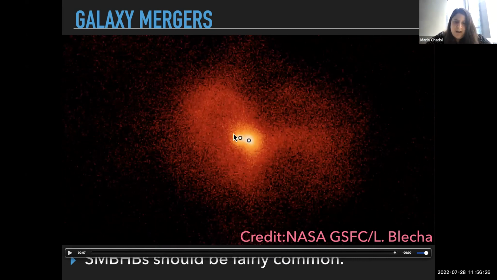When they get to roughly parsec separation, the two black holes become gravitationally bound to each other, and they form a binary. Also, because galaxy mergers happen very often in the history of the universe, we expect that we will have many such systems forming in galactic nuclei.